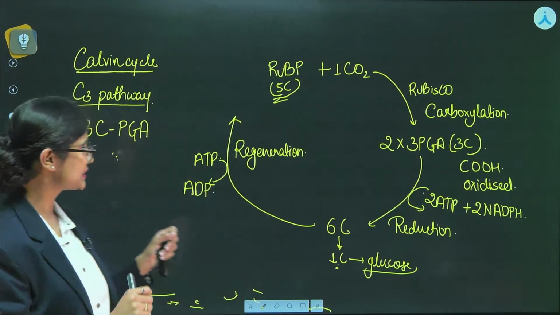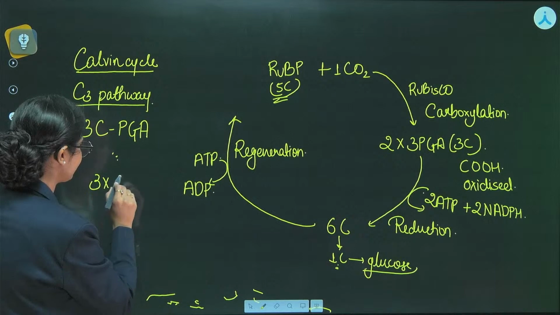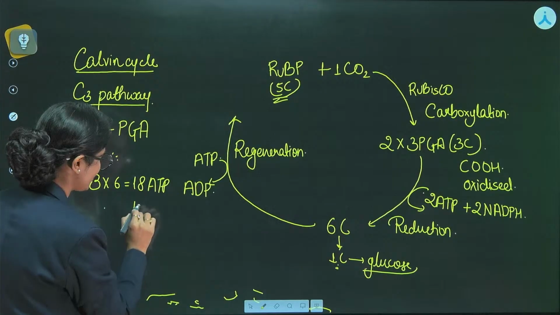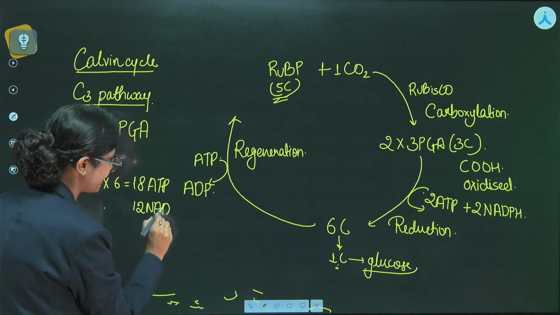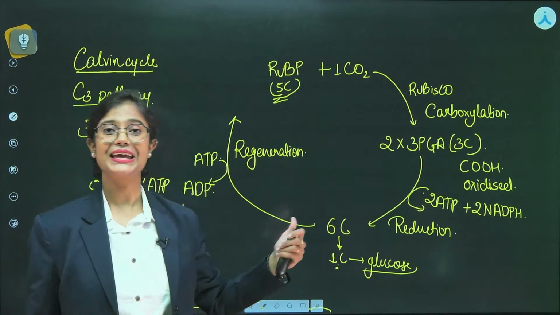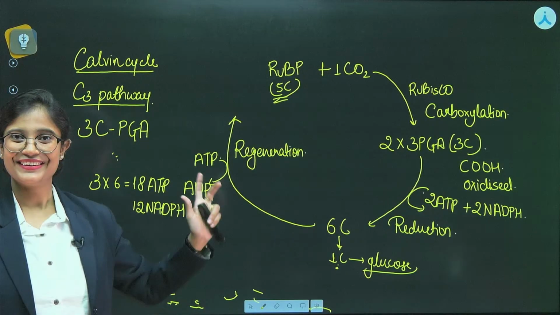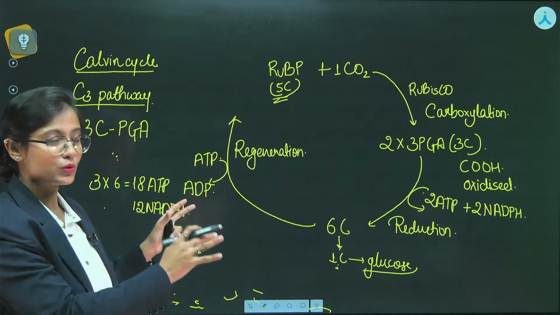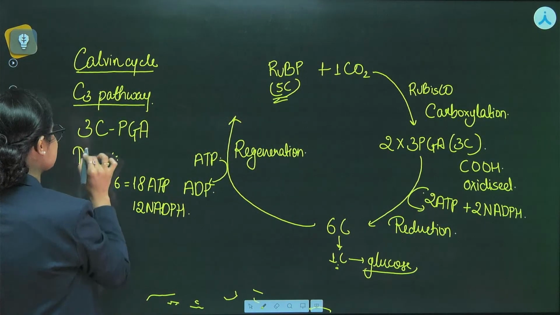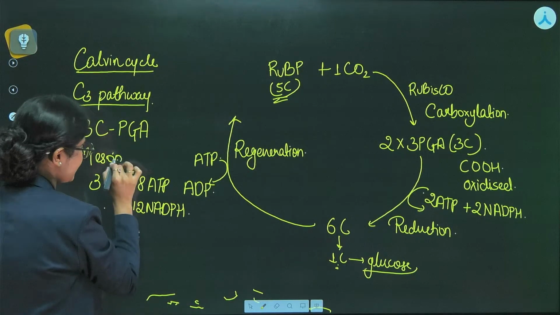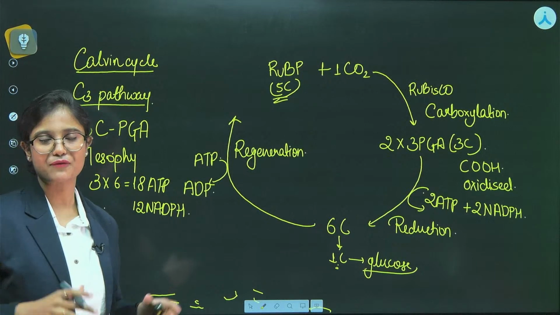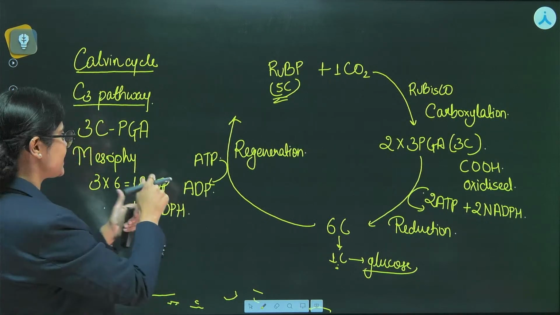That means 3 into 6, 18 ATP and 12 NADPH are required for the fixation of single glucose molecule in the C3 pathway. Okay, and this complete pathway is taking place in the cell which is mesophyll cell. जैसा कि बताया था कि C3 plants में जो कार्बन का assimilation है वहाँ पर सिर्फ सिंगल सेल इन्वॉल्व है, that is mesophyll cell.